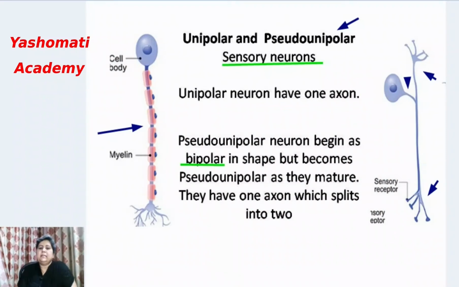So, these neurons are called pseudo-unipolar. It seems as if they have one axon which is splitting into two, but we know that axons don't have branching, they have branching only in the nerve ending. That is why these neurons are called pseudo-unipolar.